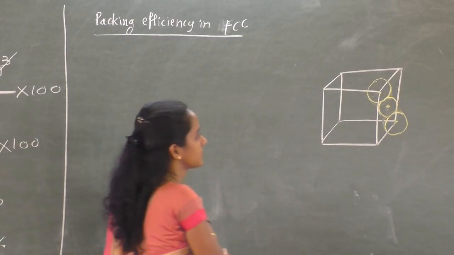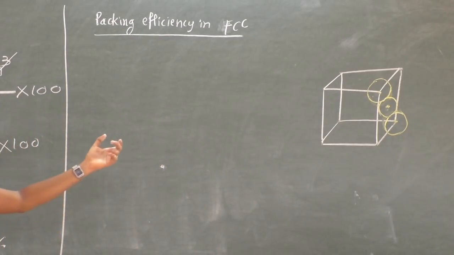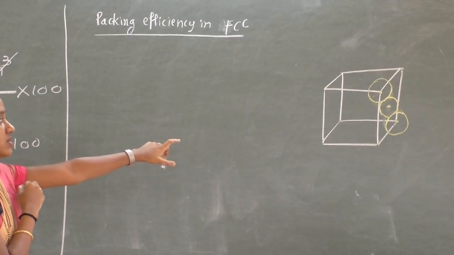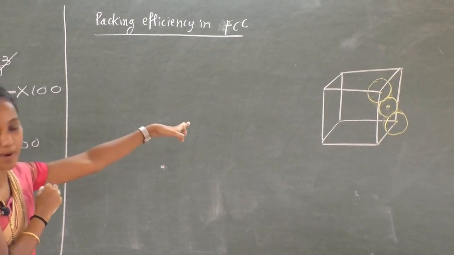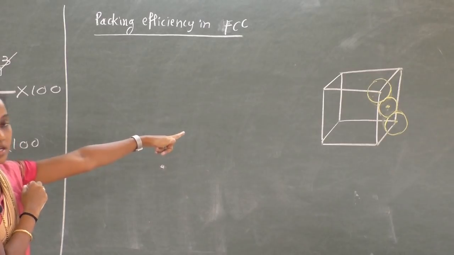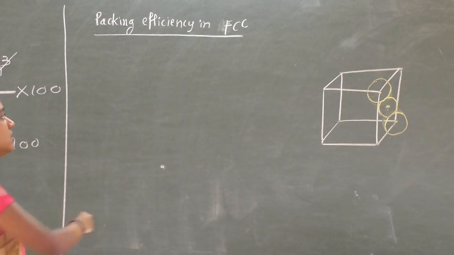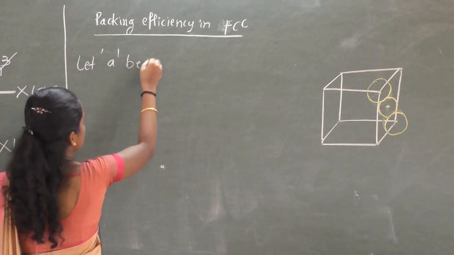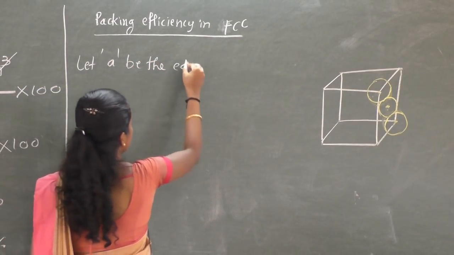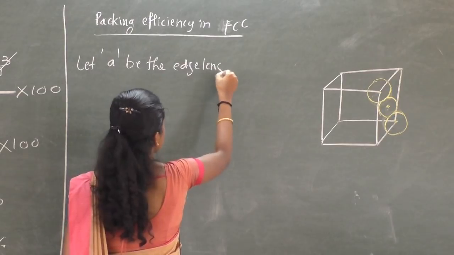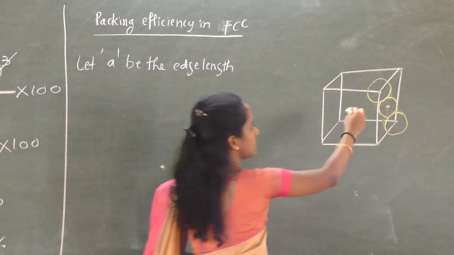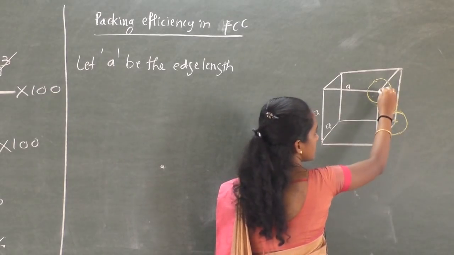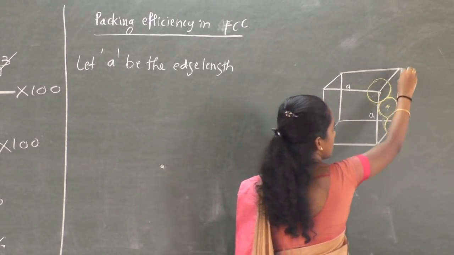Now, what is the packing efficiency? What is the percentage that the particles occupy in a particular FCC unit cell? Let A be the edge length. Clear? So this is A, these are all A edges, this is also A. What about this?